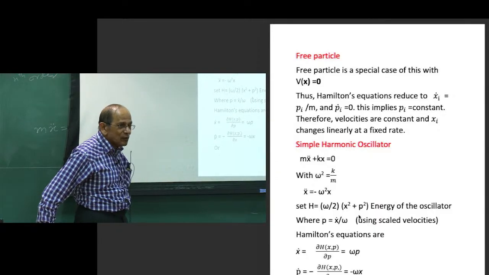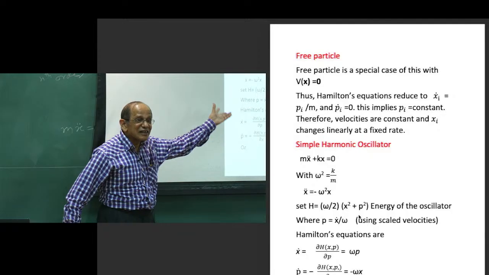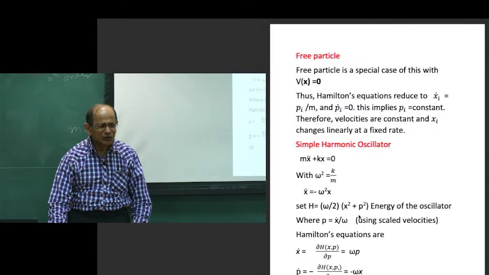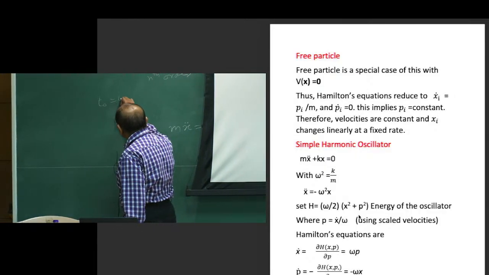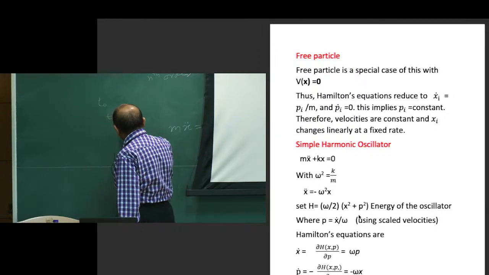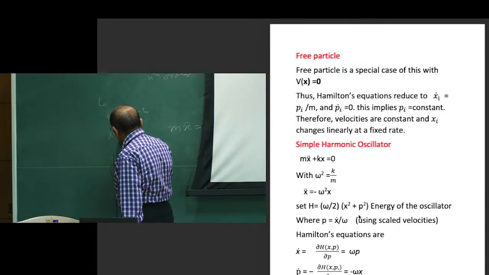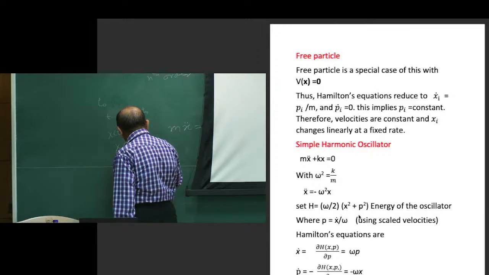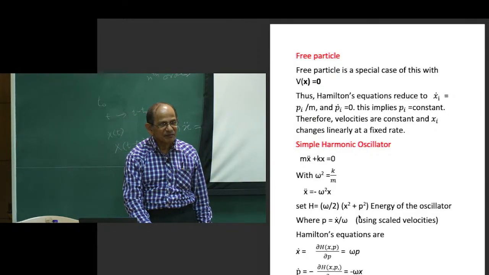Assuming that P is 0, x is 0 initially, that assumption I have already made, but that is without loss of generality. If I had not chosen the initial time to be 0, but had chosen something else, all you have to do is to replace t by t minus t0. So, instead of x of t, you will write x of t minus t0.